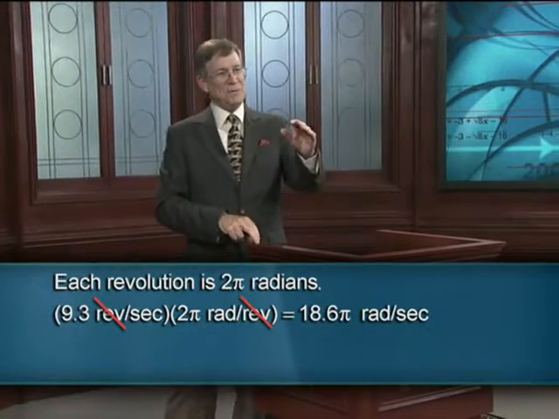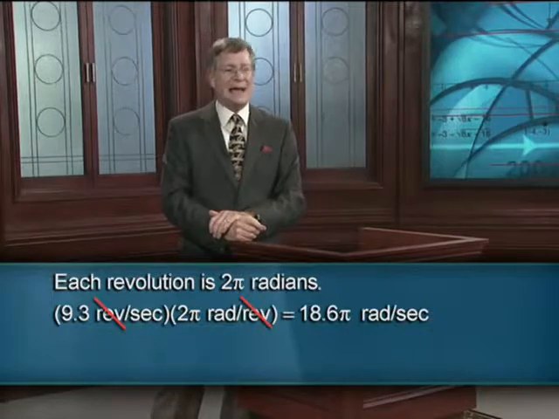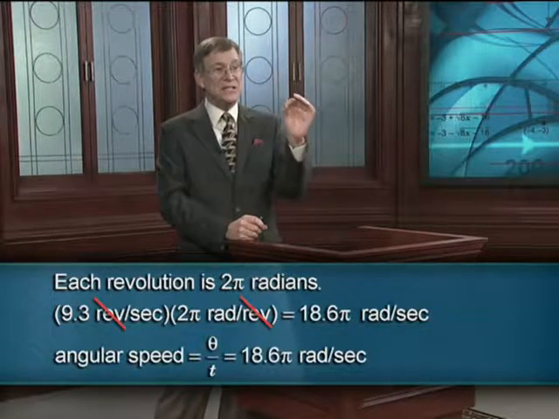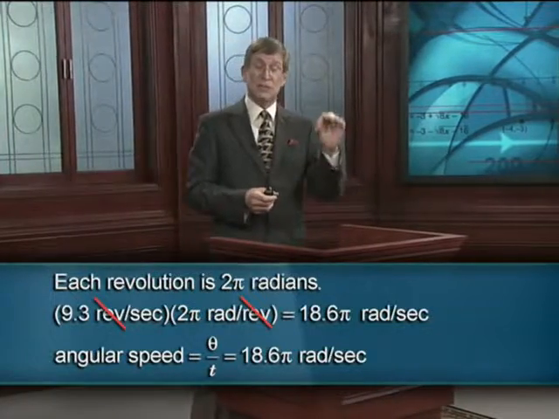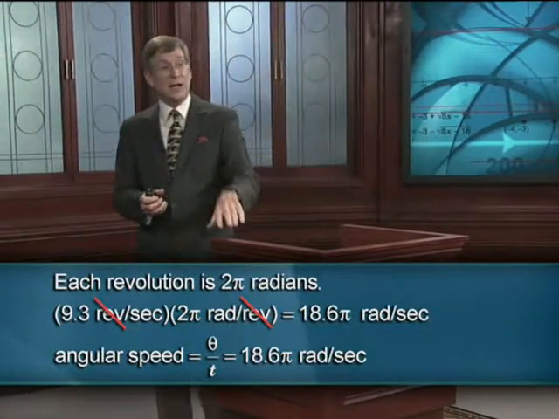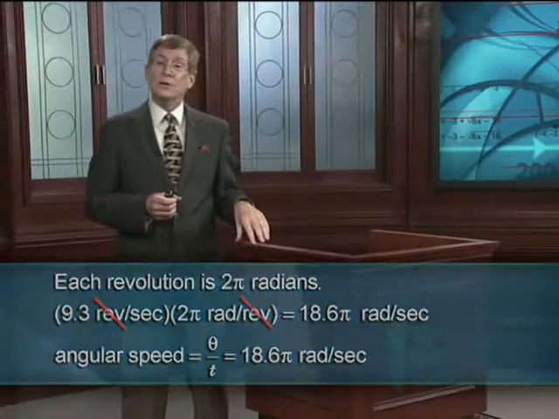And that is precisely the angular speed. It's 18.6 pi radians per second, because 2 times 9.3 is 18.6. So that's the angular speed. In other words, the angle is changing at a rate of 18.6 pi radians per second.